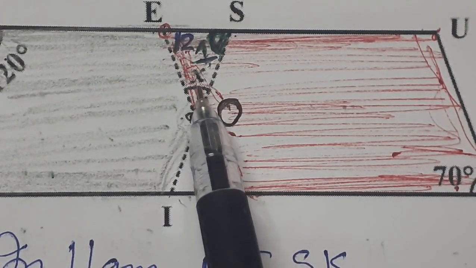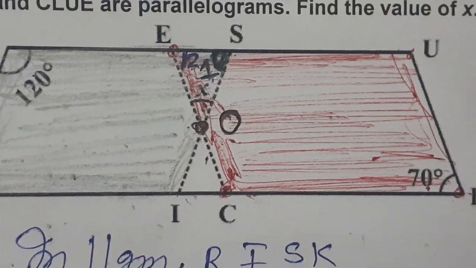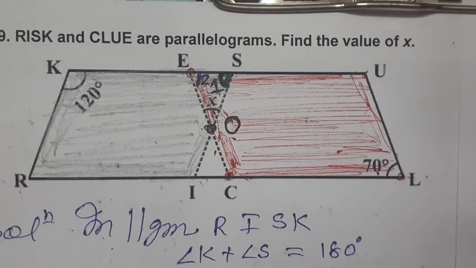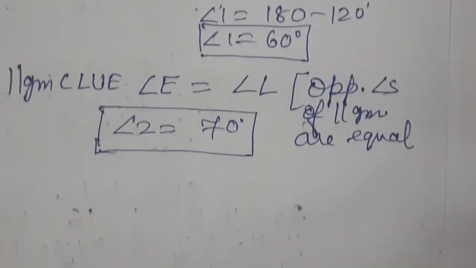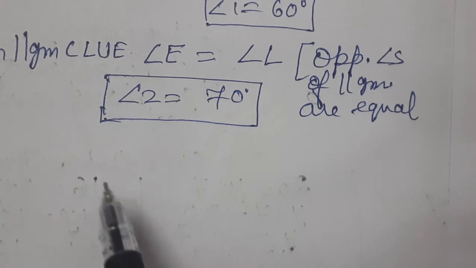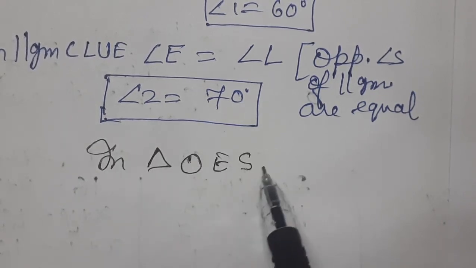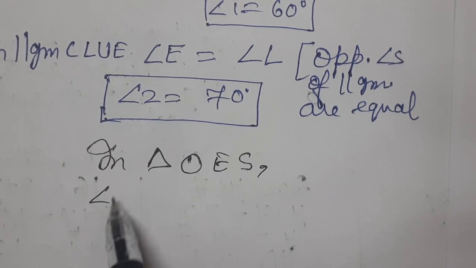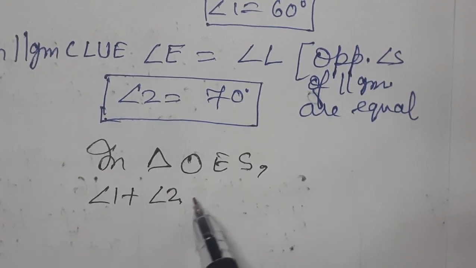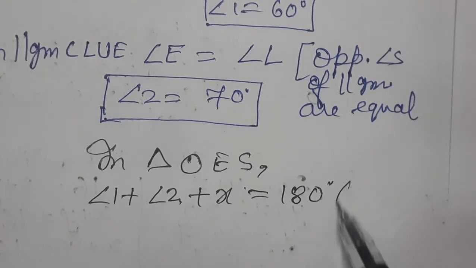So we can easily find x. In triangle OES, angle 1 plus angle 2 plus x equals 180 degree.